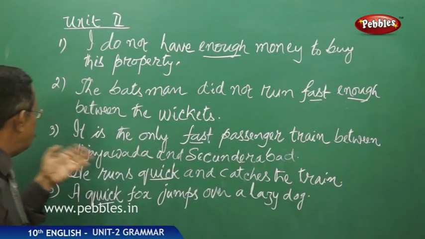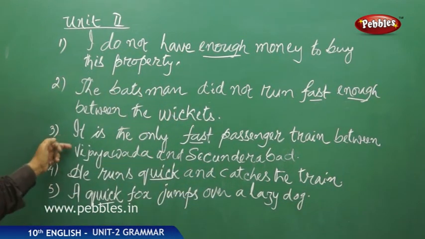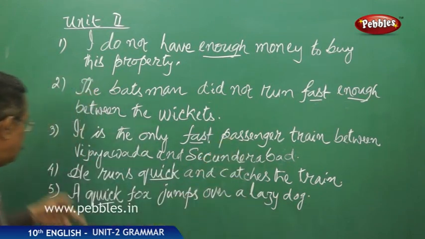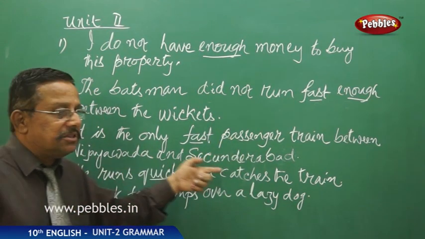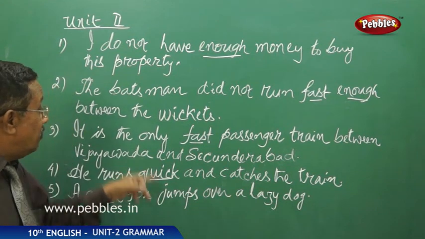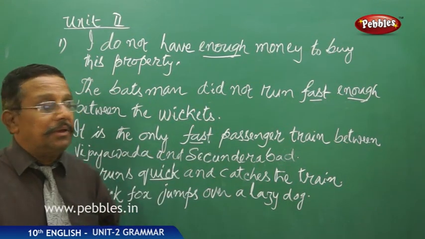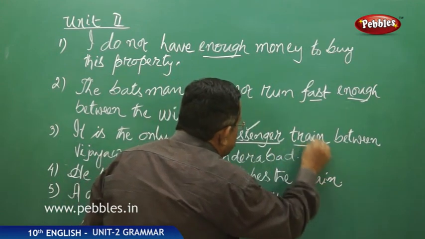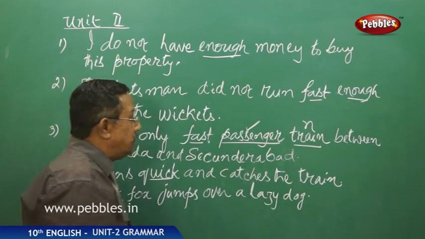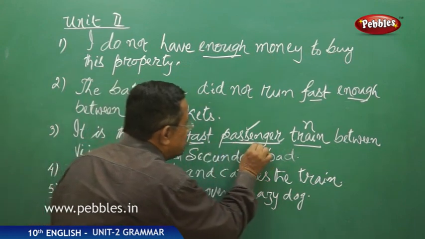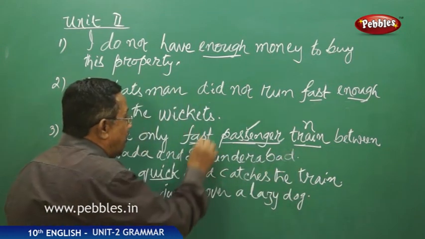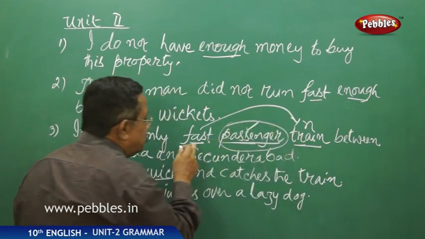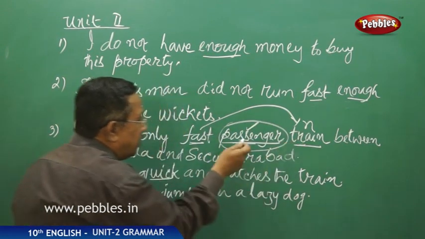Now again let us see sentence 3. It is the only fast passenger train between Vijayawada and Secunderabad. Fast passenger. Passenger is also an adjective, train is a noun. Here, fast passenger train. Fast train. Even if you delete this, the usage is with this only, not with this.